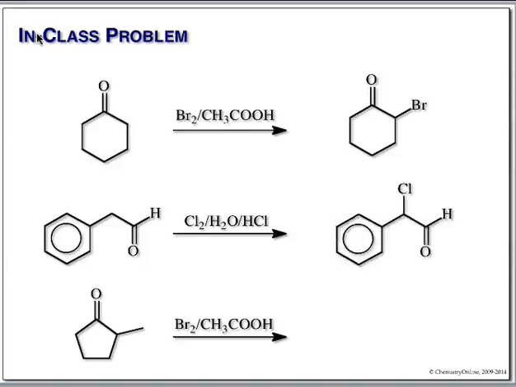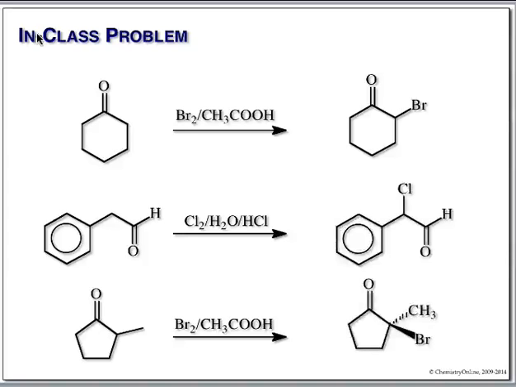If we take methyl cyclopentanone and we do our bromination, we can form an enol at this carbon or at this carbon. In fact, the product that you get is going to be this one, the 2-bromo 2-methyl cyclopentanone.